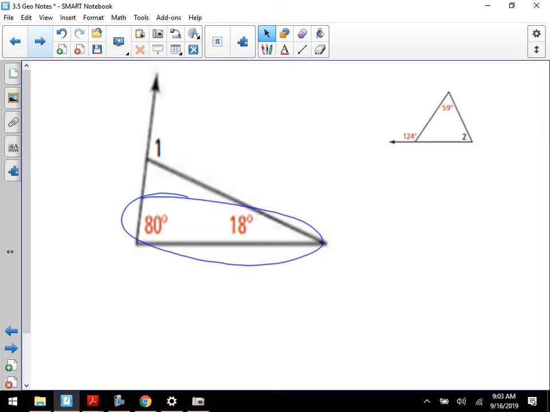What is the sum of the two angles it doesn't touch? 98. So this angle here has to equal 98 degrees. Again, another way of thinking about it: how many total degrees are inside of a triangle? 180. If I know that these two angles add up to equal 98, if I subtract that from 180, I'm left with 82 degrees here.